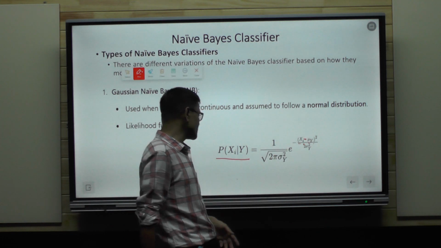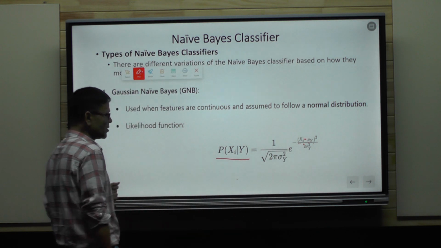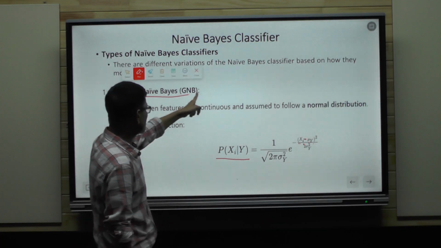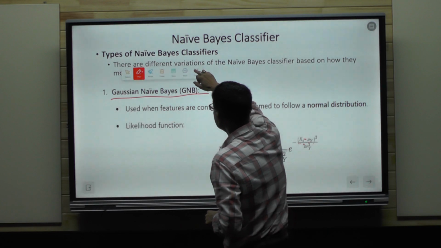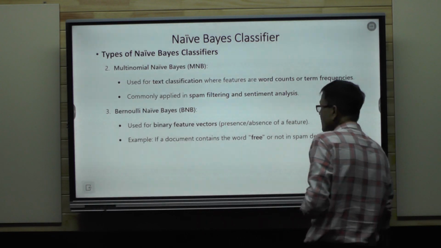Sigma squared is the variance, okay, and mu is the mean. So this is the Gaussian variant of the naive Bayes classifier.